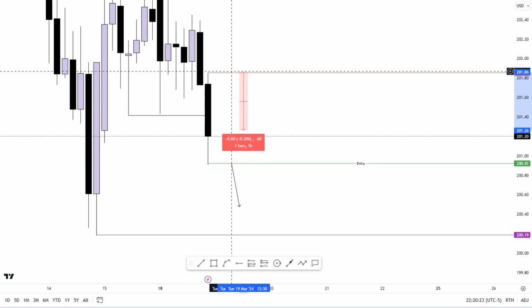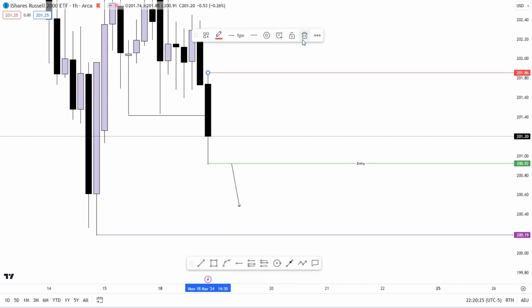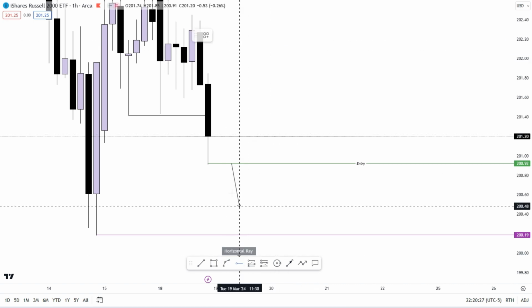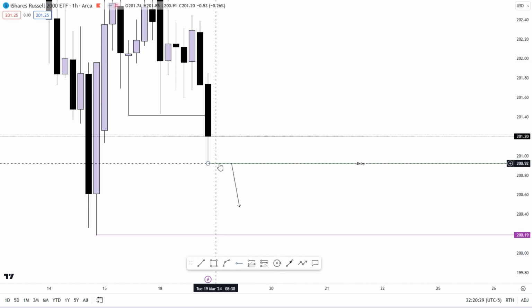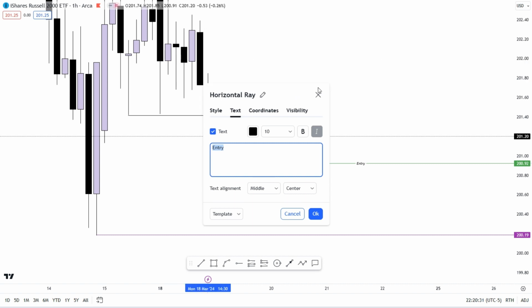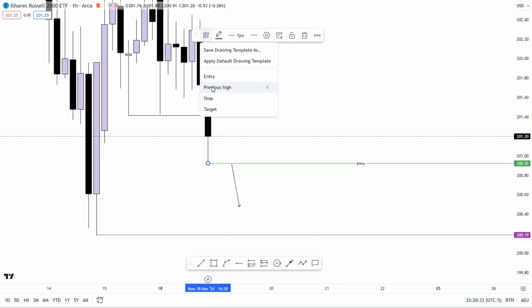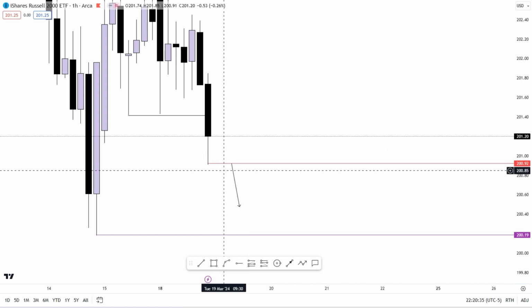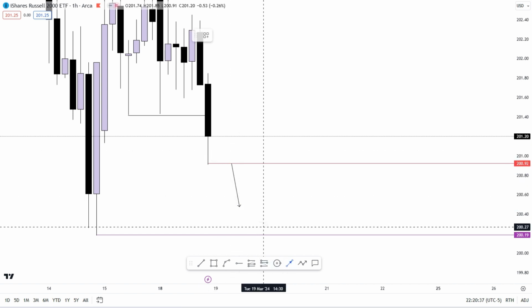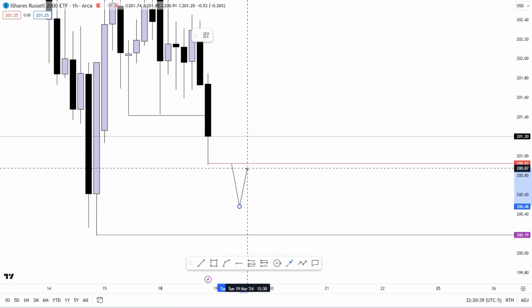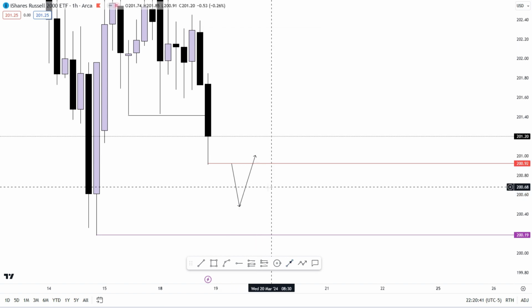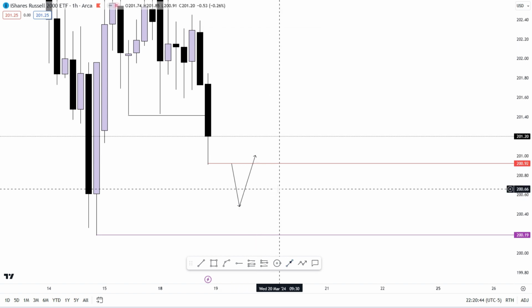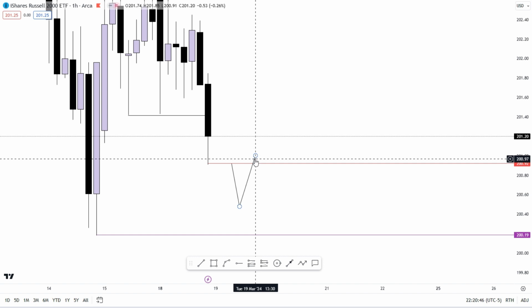And so usually what I will do is, once I enter my trade, the stop loss becomes the entry. So the stop loss will become the entry as my trade goes. If my trade comes against me, as soon as price comes and sells and comes up here, I'm going to sell my position.